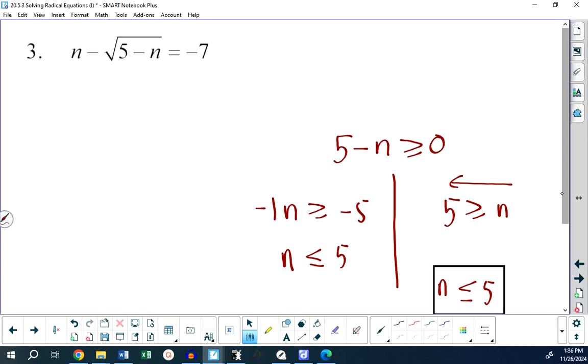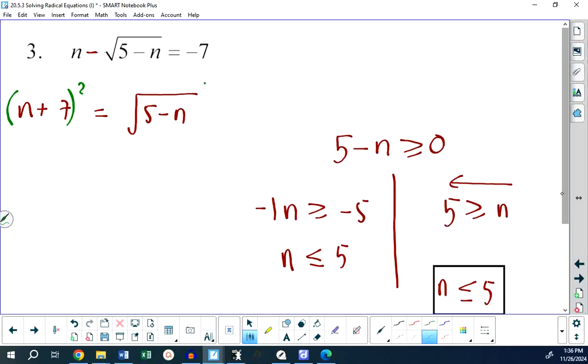I'm going to move the radical over here and have n plus 7 here. So this radical is negative. I moved it to the other side where it becomes positive, and I turfed the -7 out of the way, so it goes to the other side and becomes positive.